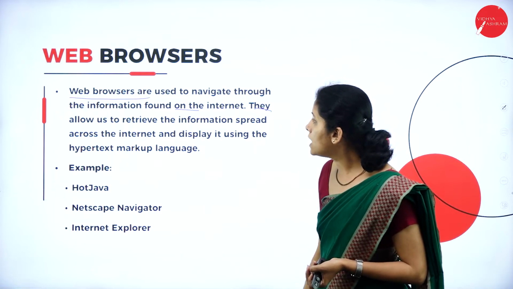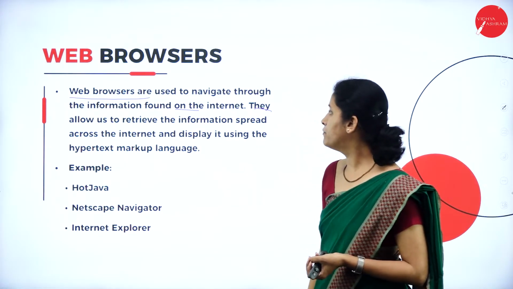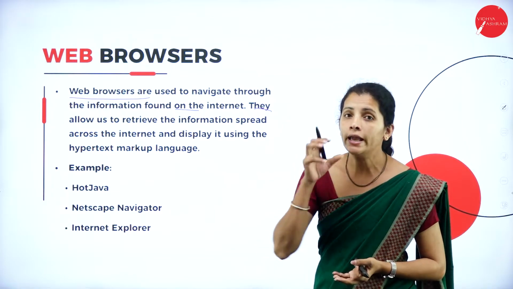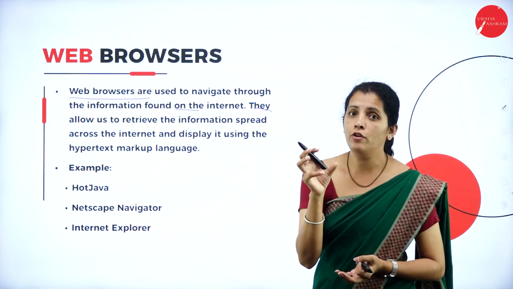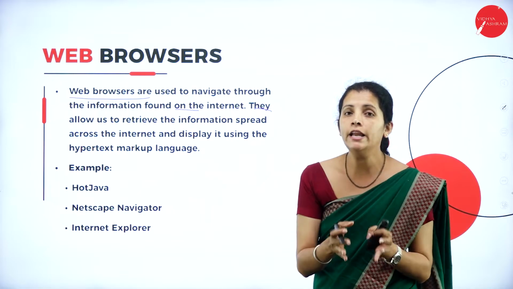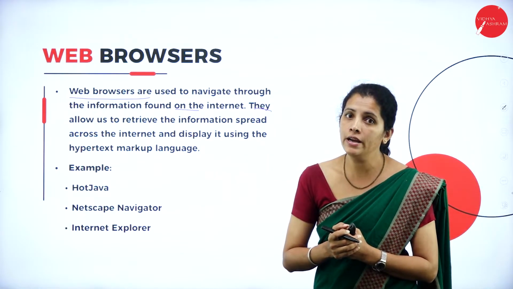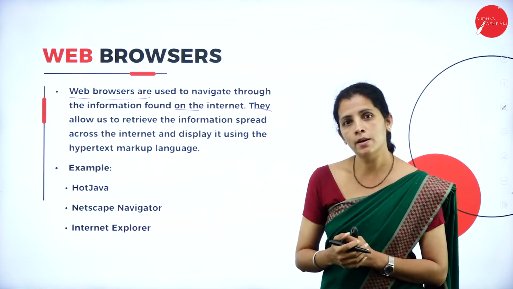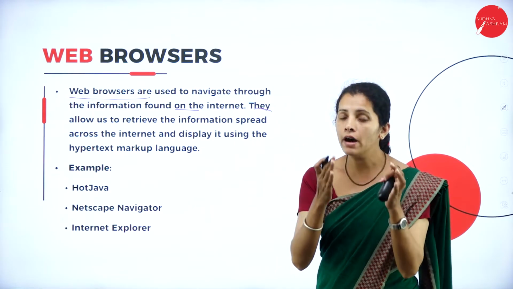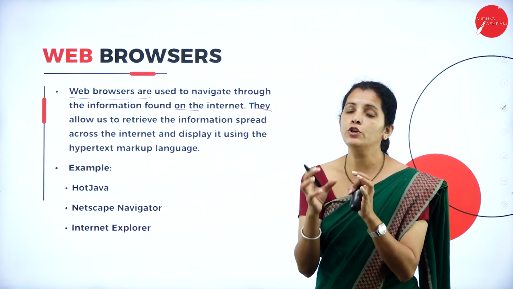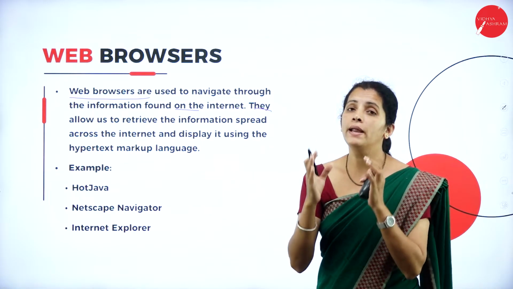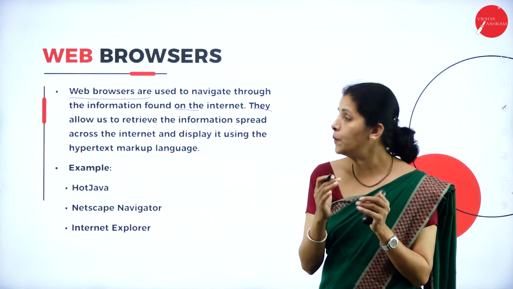They allow us to retrieve the information. So dear student, if I want to get any information regarding any topic or any field, what I'm going to do? I'm going to use the browser. In the URL section, I'm going to place the URL, or I'm going to place my search request.